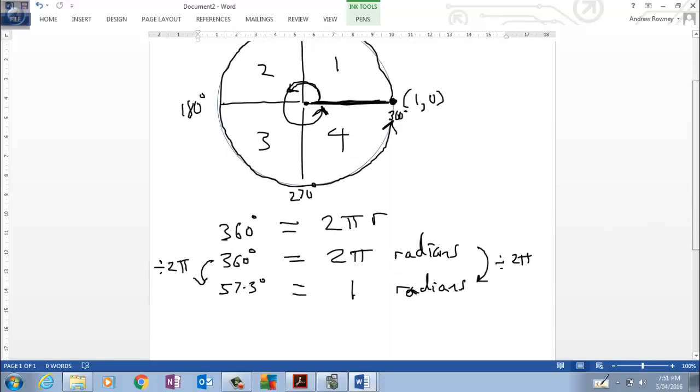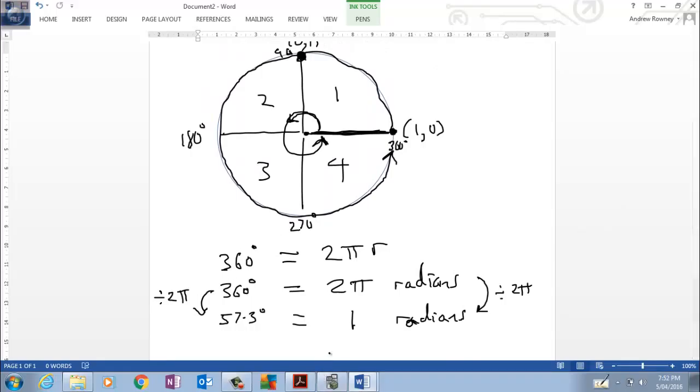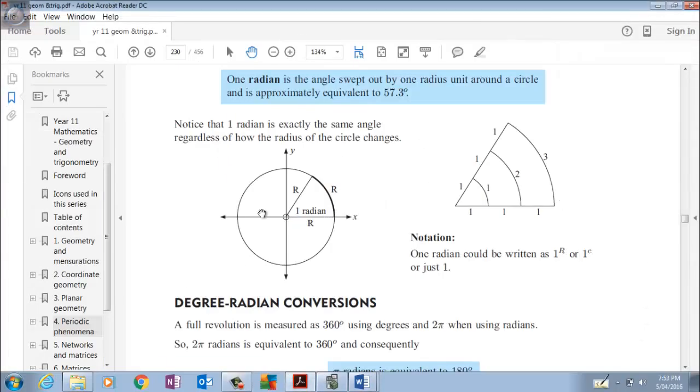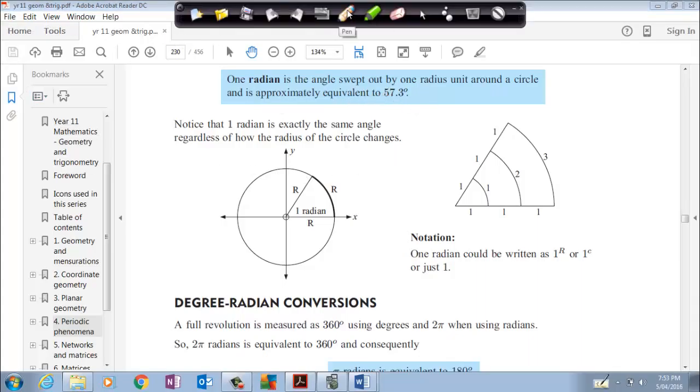Now to see that in the textbook, it says that 1 radian is the angle swept out by 1 radius unit around a circle, and is approximately 57.3 degrees. You can see that it's independent of the size of the circle. If we had 1 centimetre here, then it's 1 centimetre around here, because that's equivalent to a radius unit.